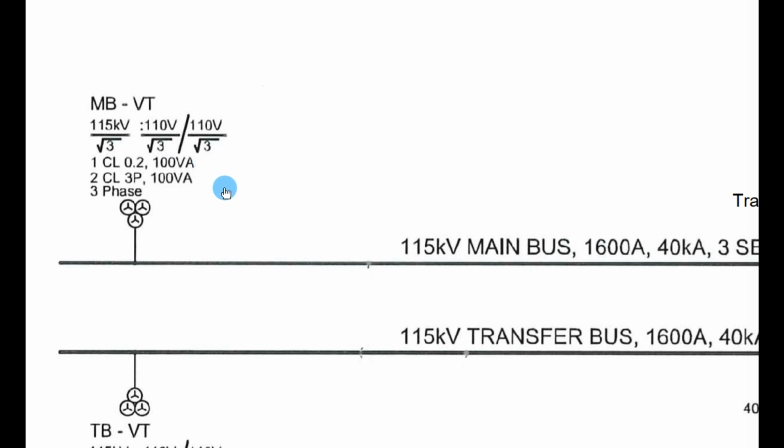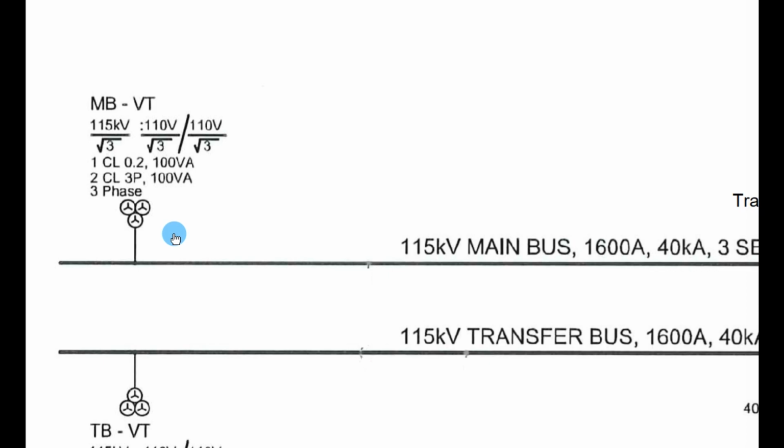The input to this VT is 115 kilovolt and both outputs are 110 volt. Since it is a star connection, the phase to neutral will be 110 divided by root 3. That is why they mention 110 divided by root 3. So when we check phase to neutral, it should be 63.5 volts, that is 110 divided by 1.73.